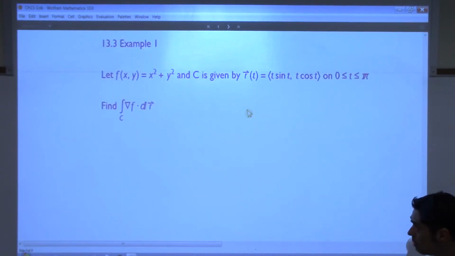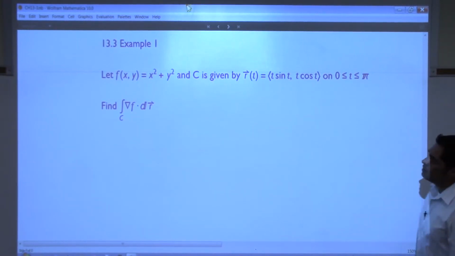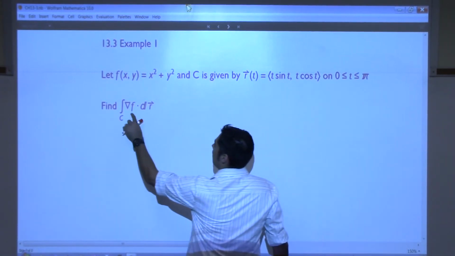Well, let's just work one out first. Let's say we're given the scalar function f of x, y is x squared plus y squared. C is given by the vector curve there. Find this.